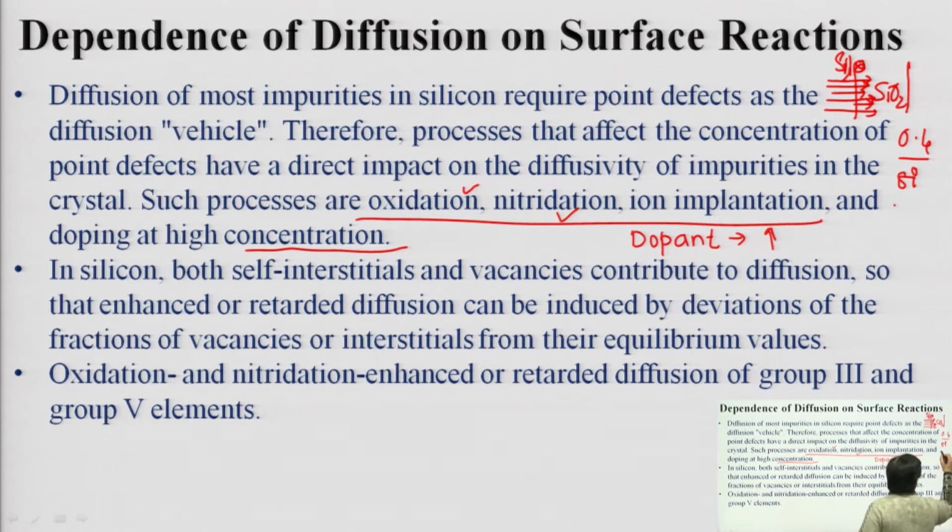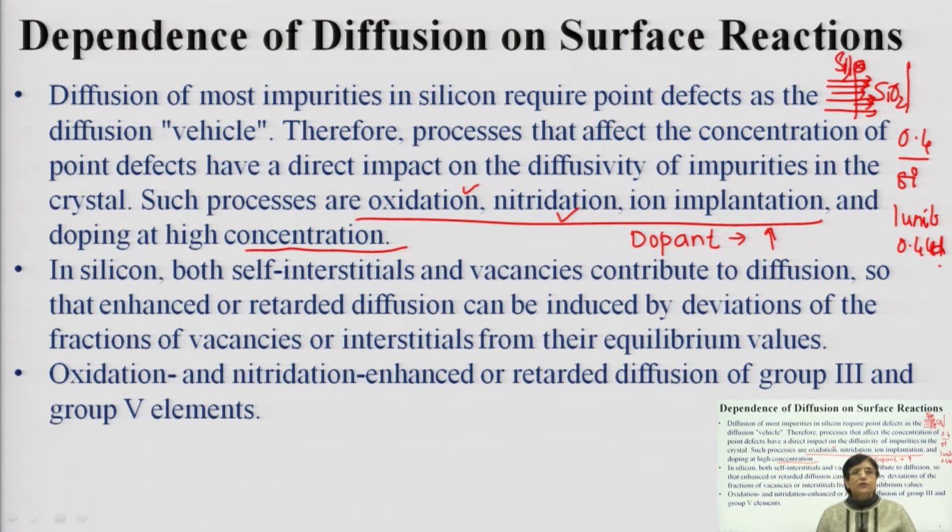This very property of silicon results in some trapped charges or trapped impurities at the silicon dioxide interface, and these basically result in enhanced diffusivity. Now, why that happens, we will see further.